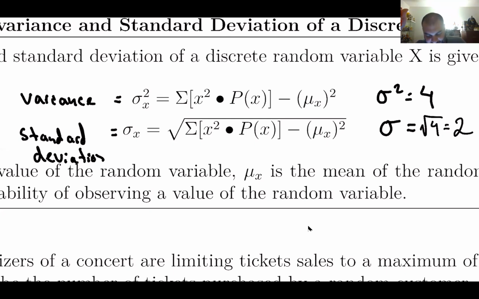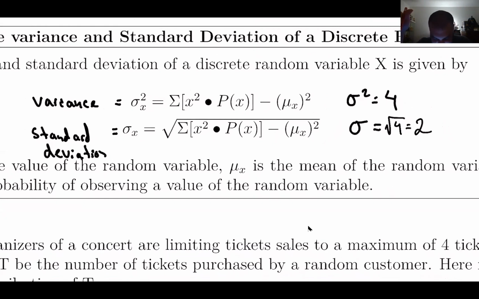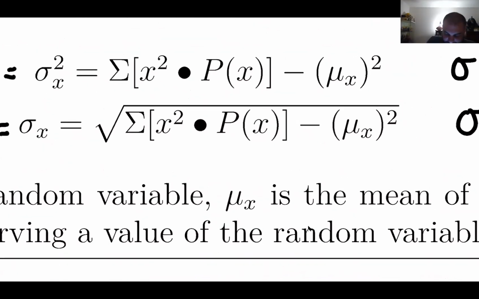All right, so let's take a look at this formula. If you look at this part over here, all we have to do is get the x value, square it, and then multiply by p of x. This is a little bit different from the mean, because for the mean you get x and multiply by p of x. But for this one, you get x, square it first, then multiply by p of x. So there's a little layer in between.